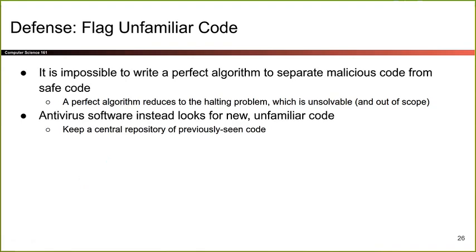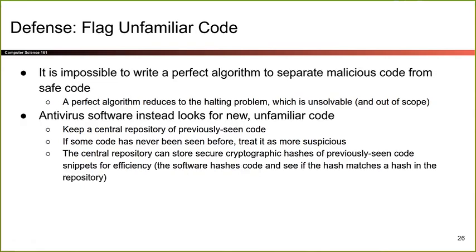This code I found on GitHub was published by some other company, so it's okay. And if some brand new code comes over, then that's something that should be treated as suspicious. So if the user is installing a program that the antivirus has never seen before, that could be a sign that it's a virus because it's never seen this code before. If you want to be a little bit efficient, you can store hashes, but I don't think that's too important.